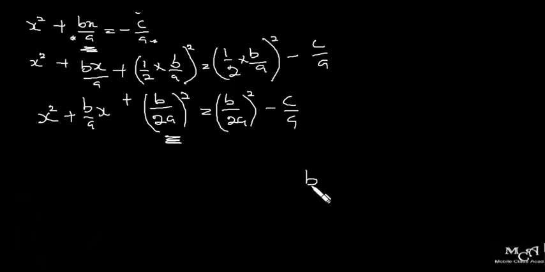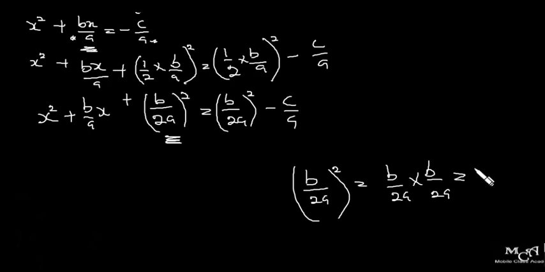This expression, bracket b over 2a squared, means b over 2a times b over 2a, which will give us b squared over 2a times 2a, which gives 4a squared, right? So this value here is what we will use to replace the value here.